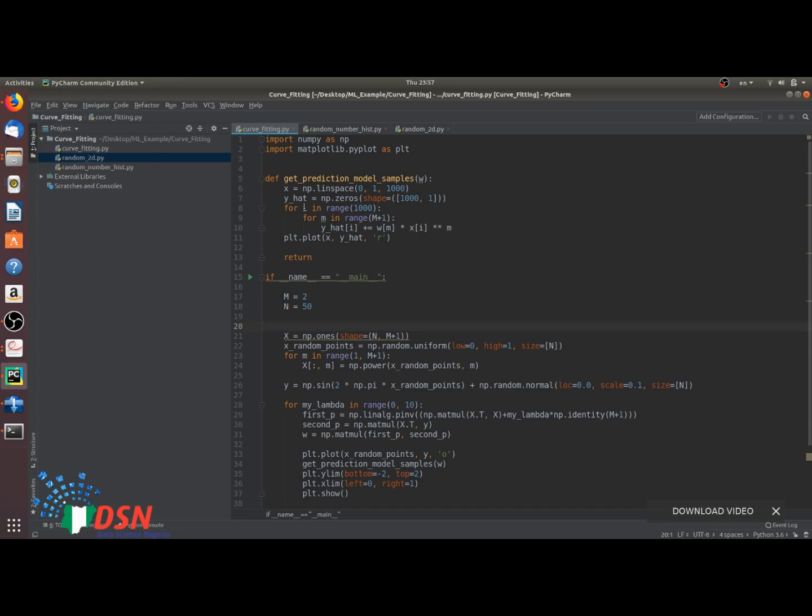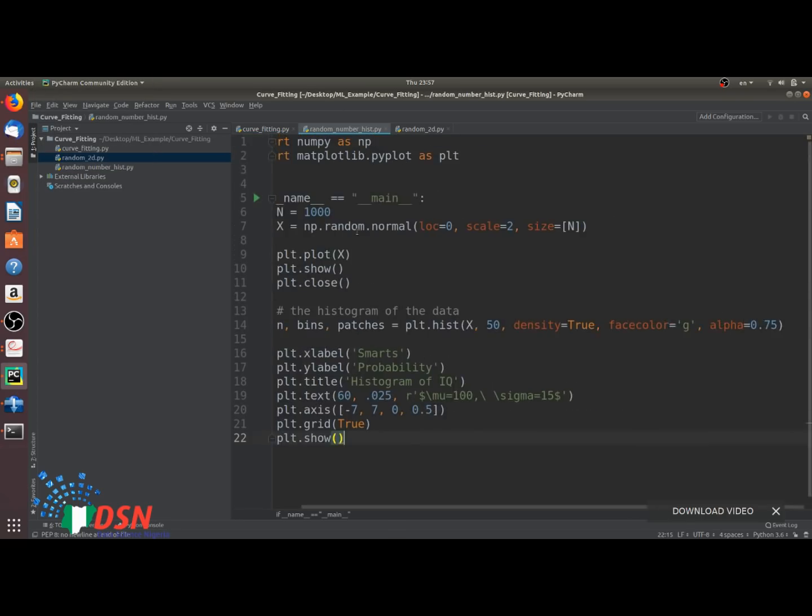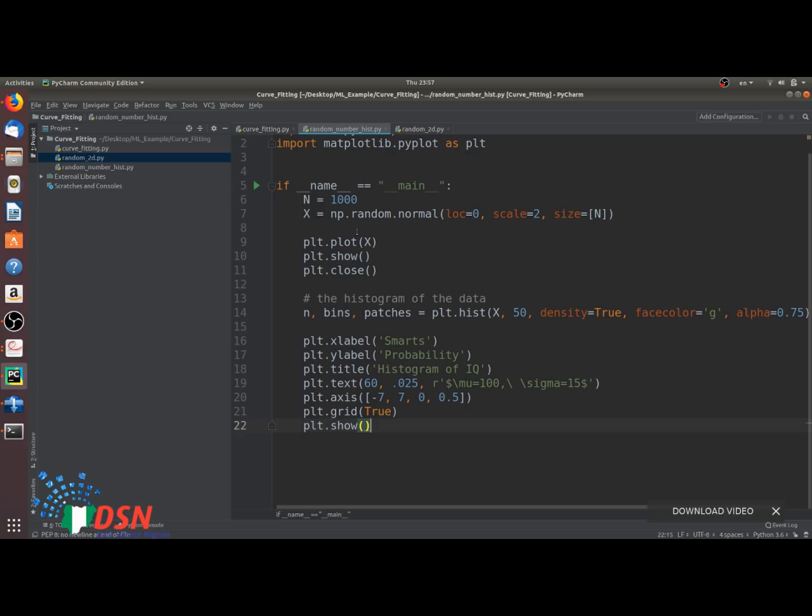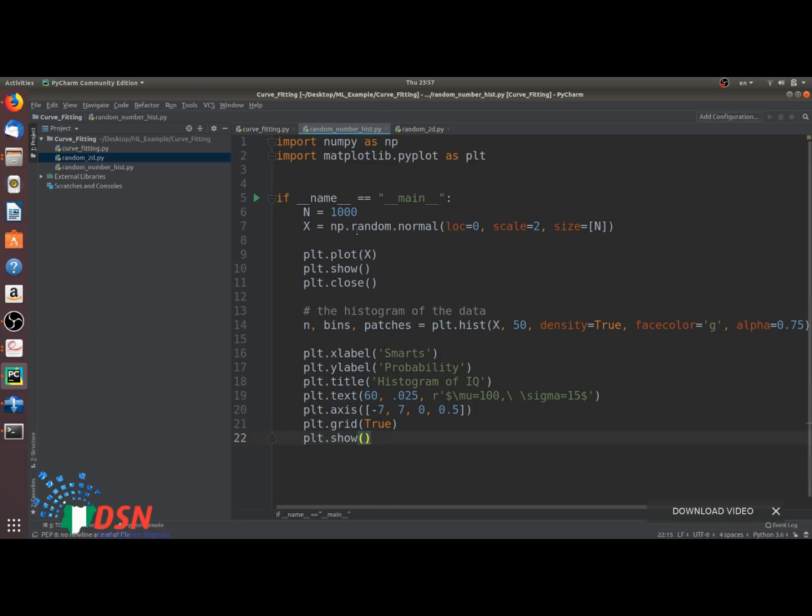As a second example, in here we just produced some random data points, and just want to see the distribution, the density function of the random variables. One of the very famous distributions is the Gaussian distribution.